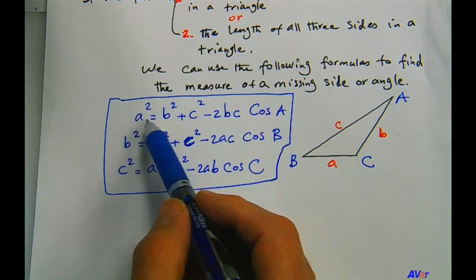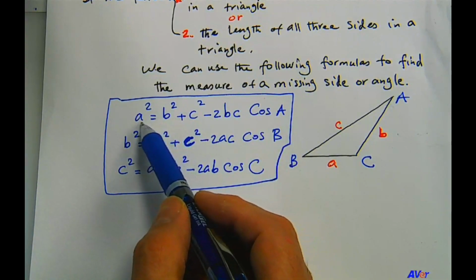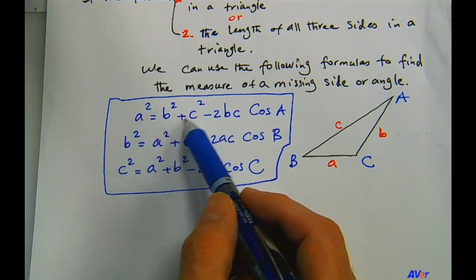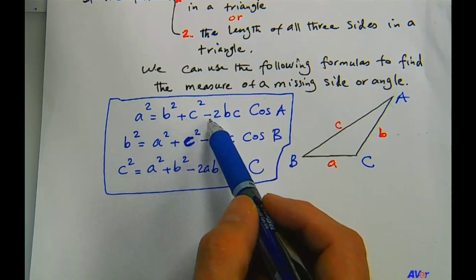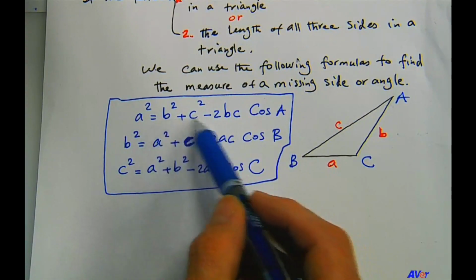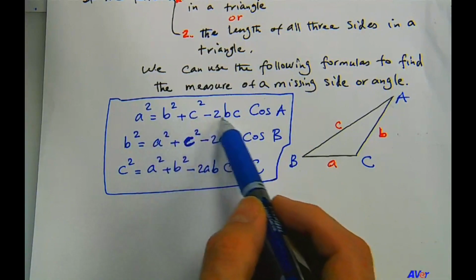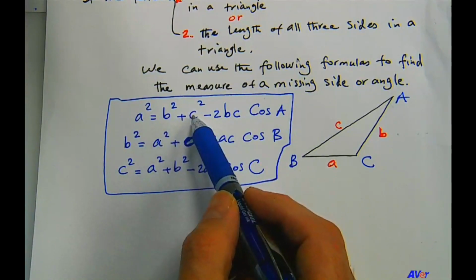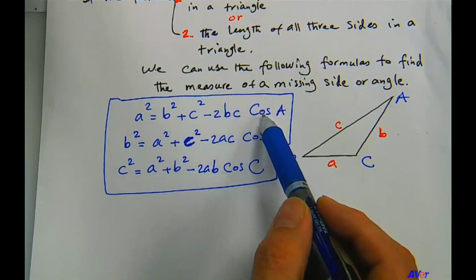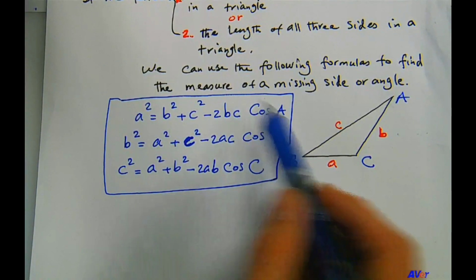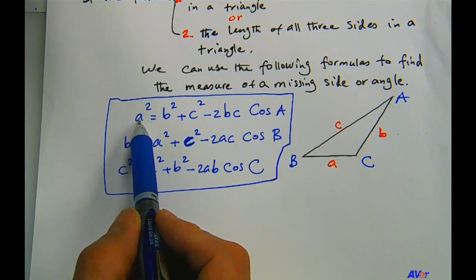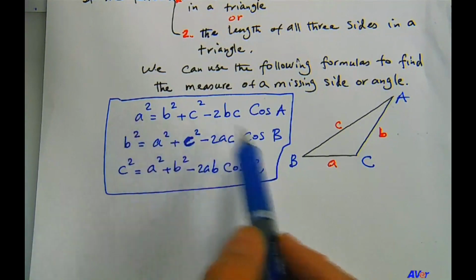But each formula, if you carefully look at it, is equal to the sum of squares of the other two sides minus twice the product of the measure of those two sides, times the cosine of the angle opposite to the side we're looking for. Okay, they're all like that.